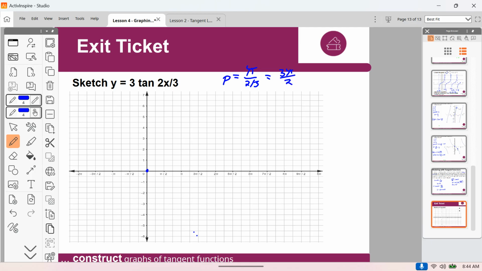And our asymptotes are going to be at x is equal to 3 pi over 4 plus n 3 pi over 2. So our first asymptote is at 3 pi over 4. So that's here. And here.